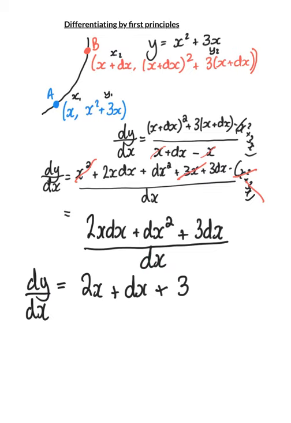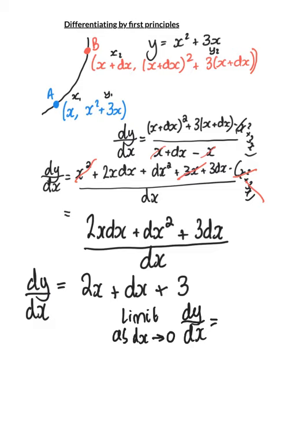So it can't get to nothing, but it can get as close to nothing as we can get. So we would write that as limit. So that's my limit. As dx tends to 0, dy by dx is going to equal.